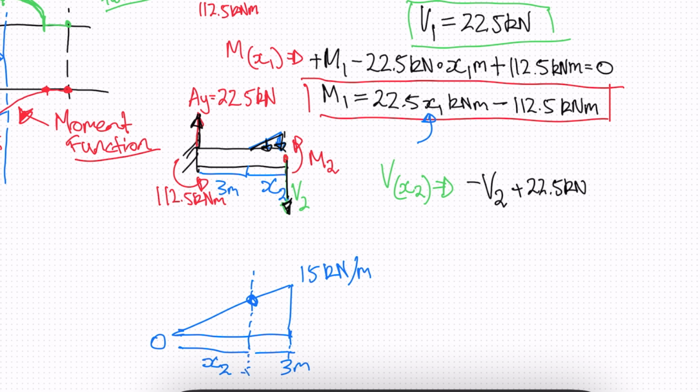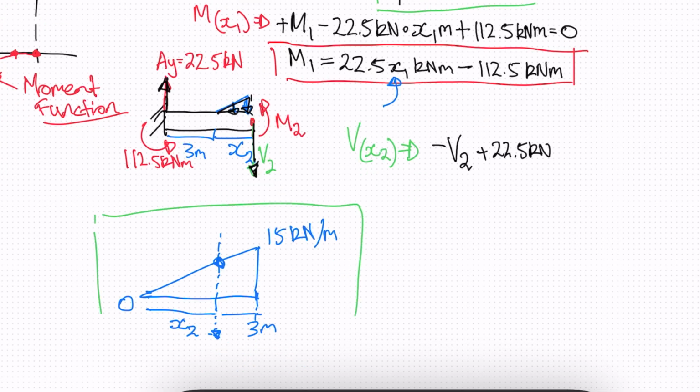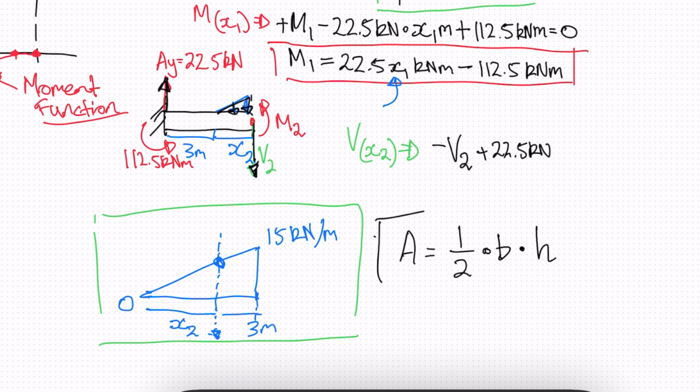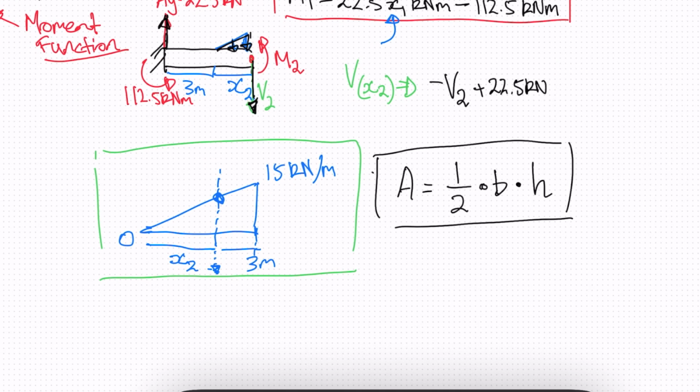We also know the area of a triangle is half the base multiplied by the height. These are two ideas that we need to have. So we know our base is x2, but we don't know what our height is. If we use similar triangles, we can find this point.